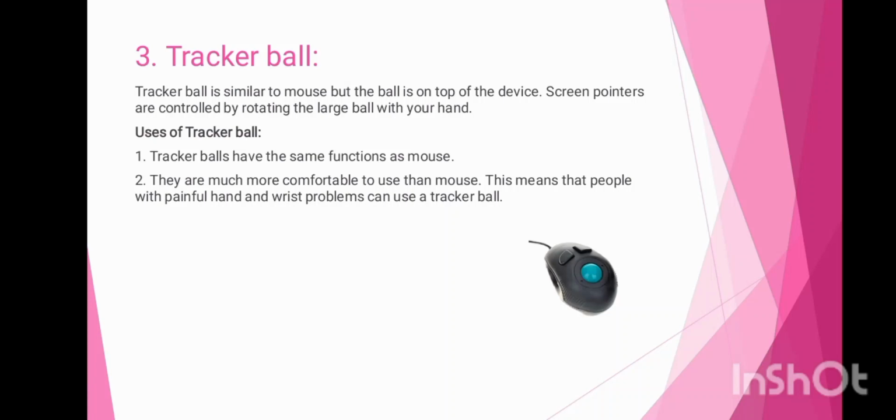This means that people with painful hand or wrist problems can use a trackerball. The advantages of a trackerball: they are more comfortable than a mouse because there is less movement, more accurate than other pointing devices, and can be used even when there is no flat surface available.